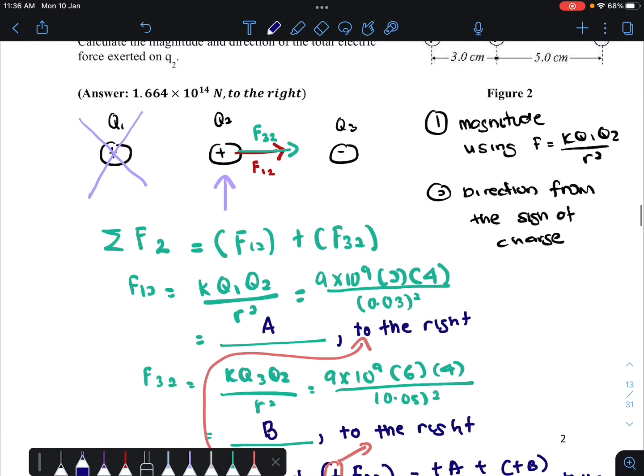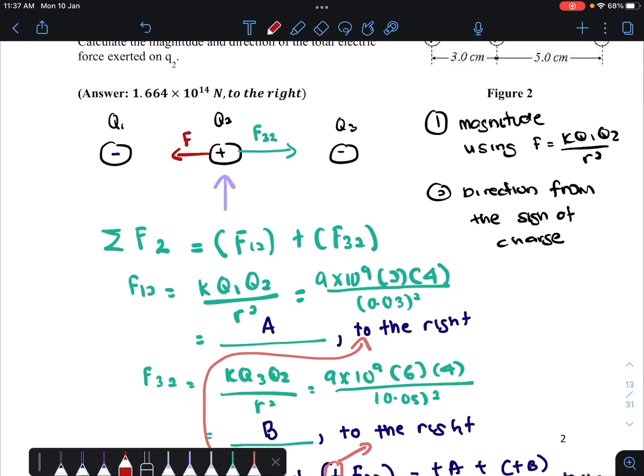Now, let's say I change this to a negative charge. Suppose we change this charge to negative as well. What is going to happen is, for F12, the positive and negative charges are going to attract each other.